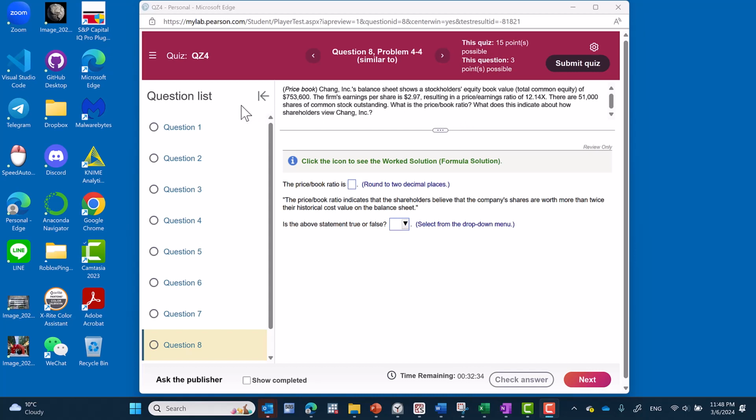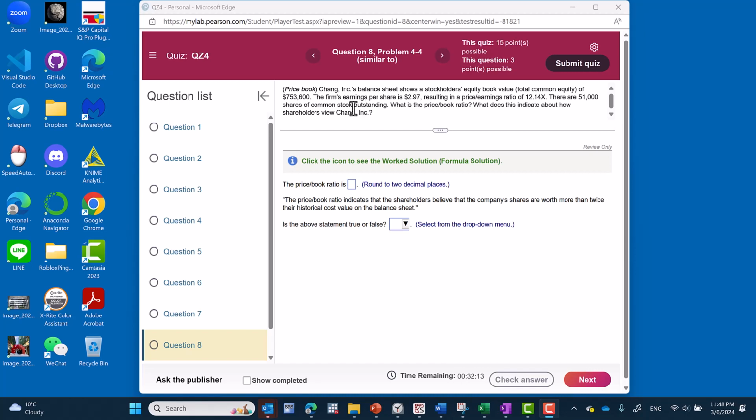This is question number 8 of quiz 4 for chapter 4. Chang Incorporation's balance sheet shows a stockholders' equity book value of $753,600.